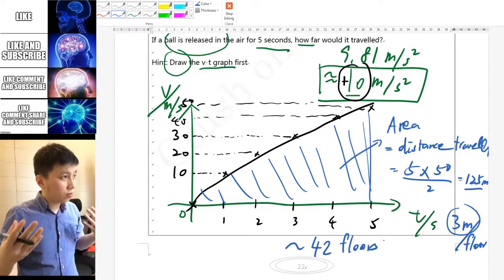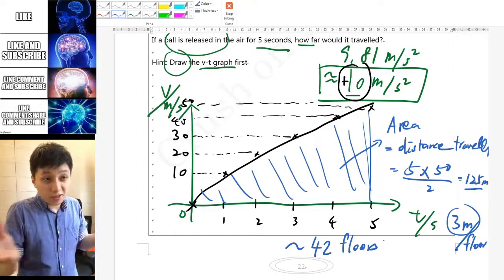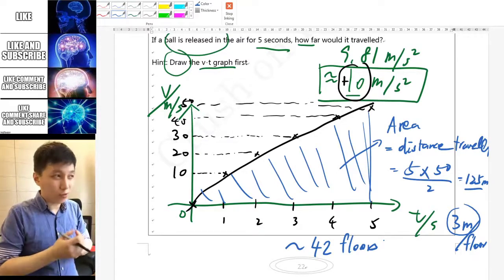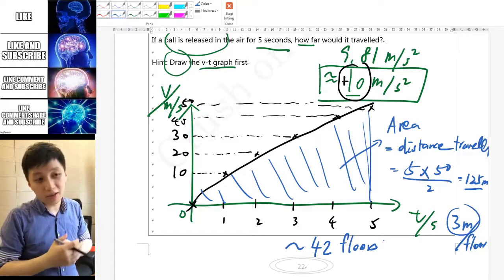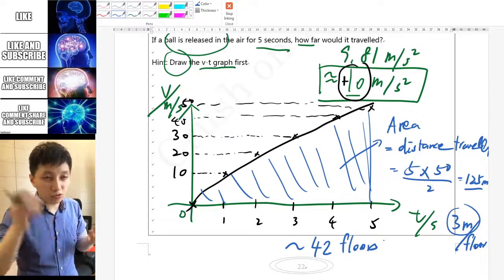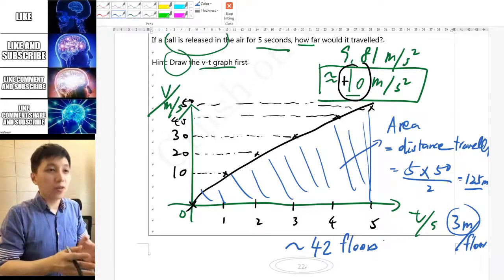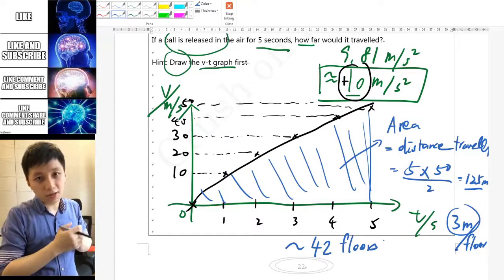So imagine the building that we have in Hong Kong or anywhere. I guess Hong Kong is pretty tall, at the top of the world. So 42 floors is actually a lot, right? It's a really tall building. If you somehow drop something down there, and it only takes 5 seconds to reach the bottom, then 5 seconds can actually travel a long distance.